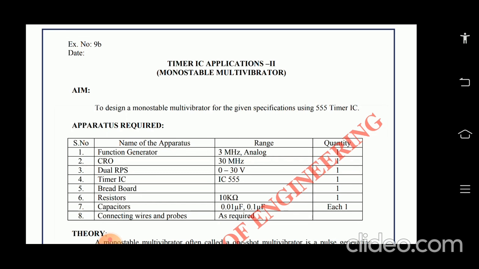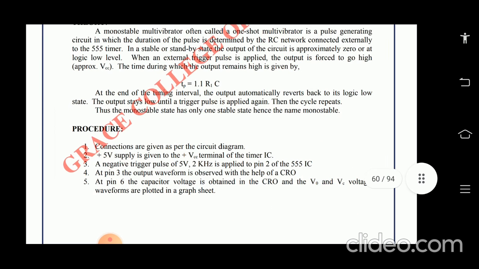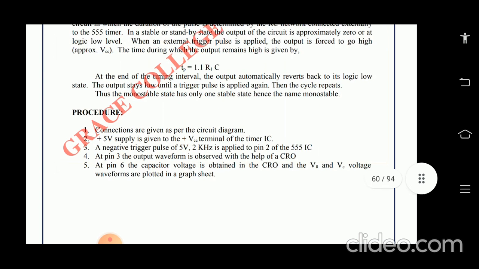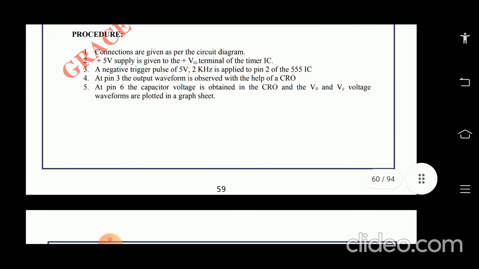When an external trigger pulse is applied, the output is forced to go high, that is approximately VCC. The time during which the output remains high is given by Tp equal to 1.1 R1C1.